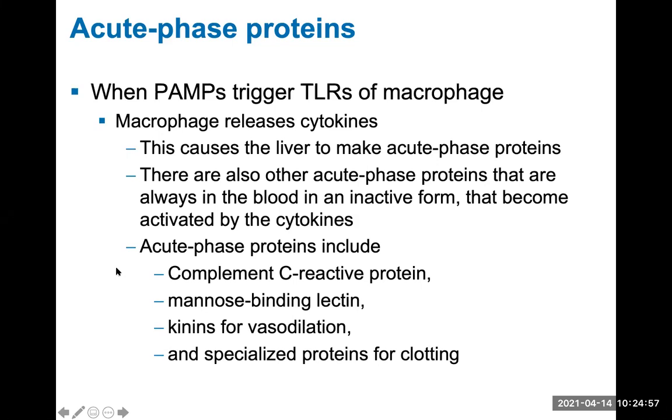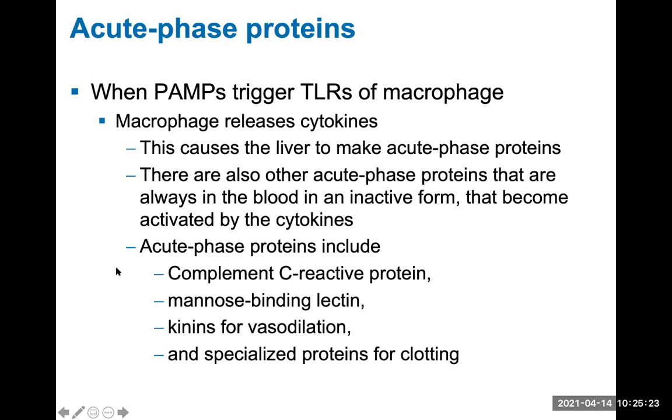There's a mannose binding lectin that's always in circulation to detect mannose. Mannose is found on many bacteria. We also have kinins, which is, I would say, a type of cytokine for vasodilation, but it's an acute phase protein.